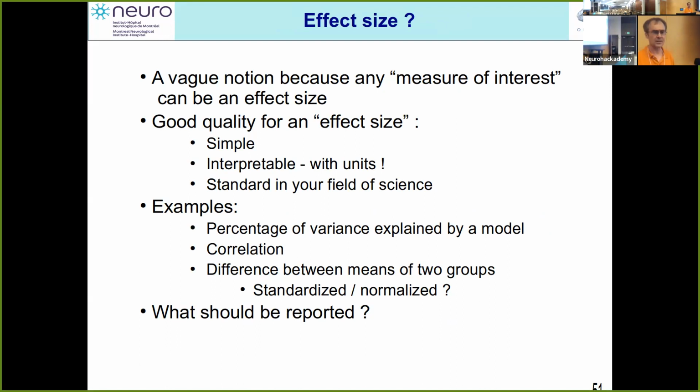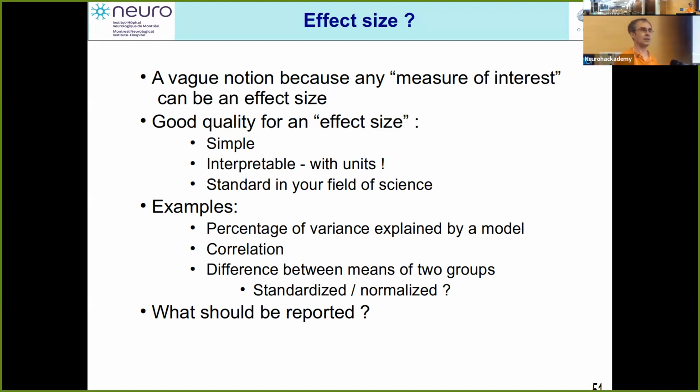So what's an effect size? It's basically anything, but what is a good quality of an effect size? It should be simple. If you put an effect size that is, I don't know, a function of those eigenvalues, whatever, it's not going to be easily interpretable.